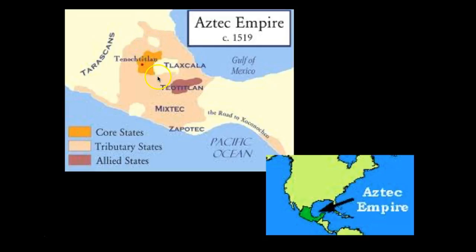And the peachy color surrounding it is the tributary states, other states that had to pay tribute to the Aztec Empire in the form of foodstuffs and other tribute. And then the darkish, purplish color are allied states, those who were friends of the Aztec Empire.